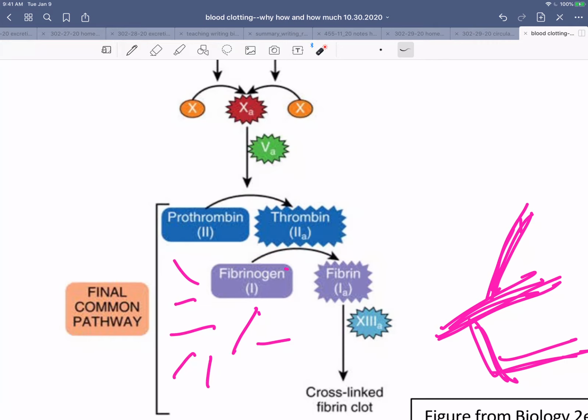And the simplest way would be to have injury cause something to make prothrombin, an enzyme, convert to thrombin, an active form of that enzyme that catalyzes this conversion, cleaves off, in this case, part of the fibrinogen to make fibrin.